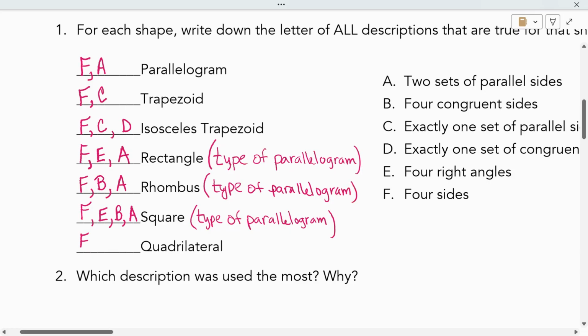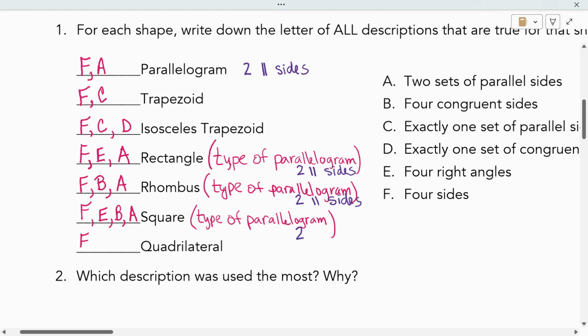Okay, so here's what I'm going to write. I know that a parallelogram has 2 parallel sides. I'm just going to write a little note off to the side. And that means that a rectangle has 2 parallel sides. And so does a rhombus, 2 parallel sides.